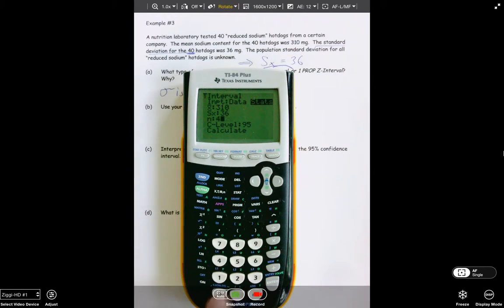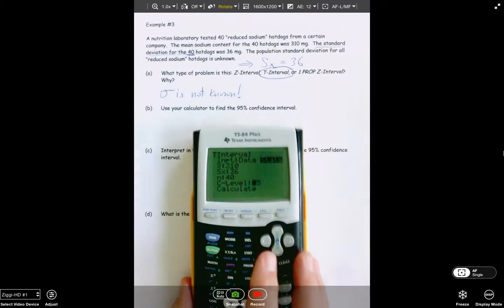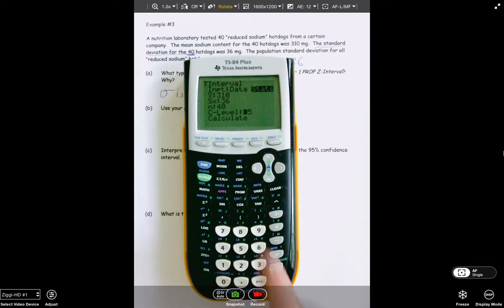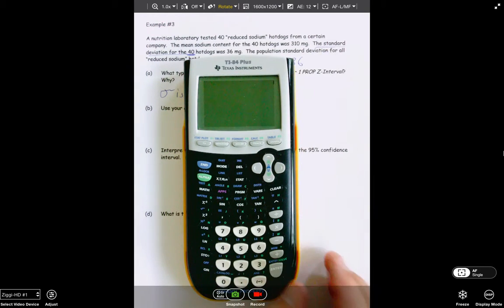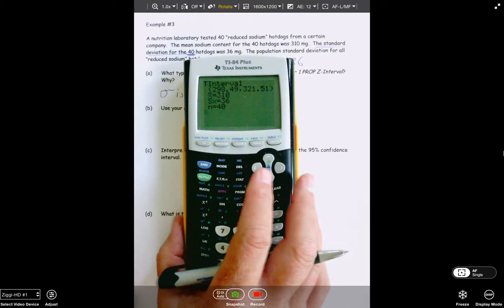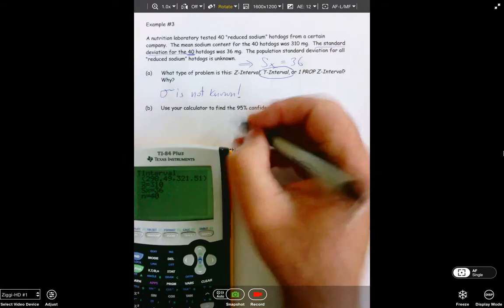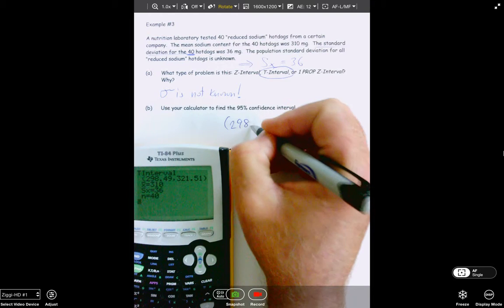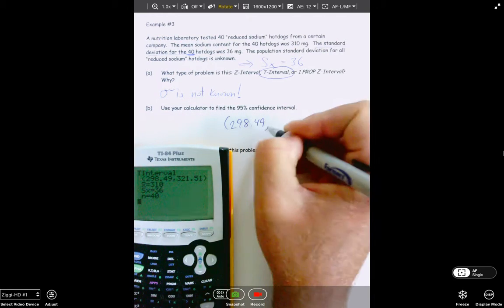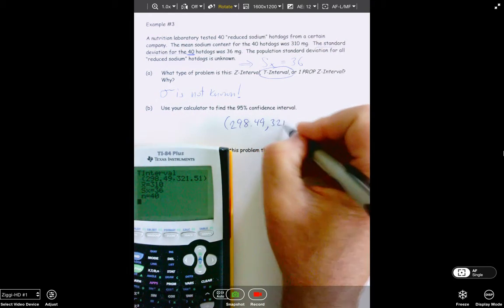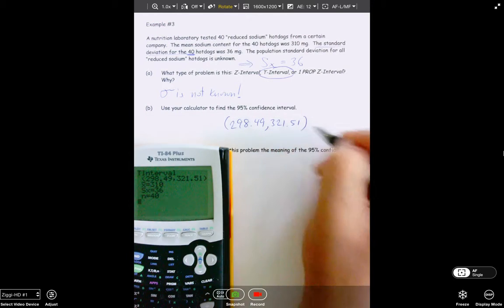Sample size looks like there was 40 hot dogs. And what do we want? 95%? Yeah. So 298.49 up to 321.51.